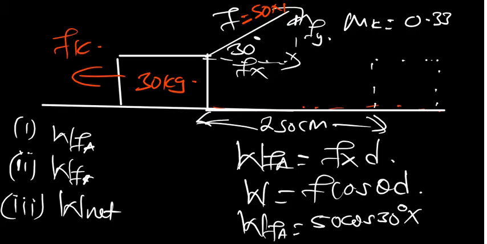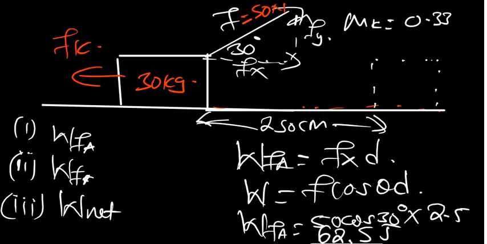So we're going to say times 2.5. What is 50 cos 30, which is going to be 25? 25 times 2.5, I'm getting 62.5 joules. So this is the work done by the applied force.